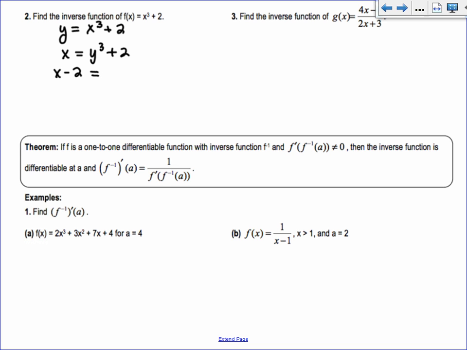So we get x minus 2 equals y cubed. We take the cube root. So we get that, and we write it as f inverse of x equals the cube root of x minus 2. You need to say f inverse or g inverse or whatever it is.